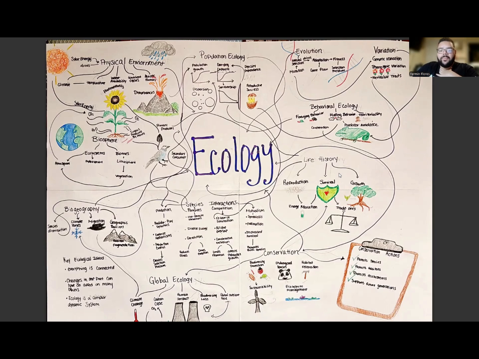At the bottom of the map, I included global ecology. This section includes climate change, carbon cycling, human impacts, biodiversity loss, and global nutrient cycles. Global ecology examines ecological processes on a worldwide scale, and climate change affects ecosystems by altering temperatures, precipitation patterns, species distributions, and species interactions.